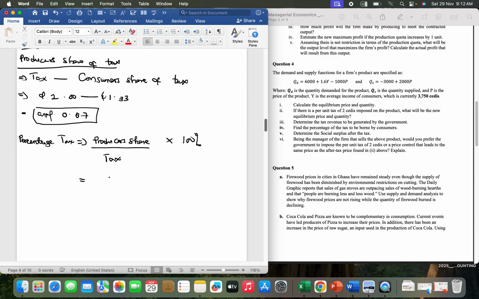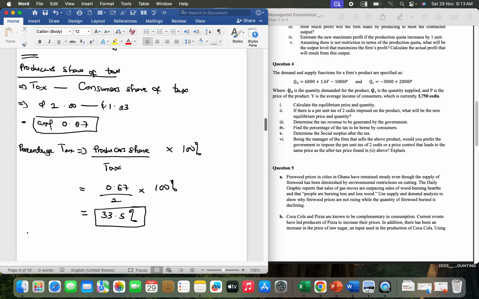The producer's share was 0.67 and the tax was 2. So 0.67 divided by 2, times 100, will give you 33.5%. Assuming we are asked to find the producer's percentage, this would have been it.